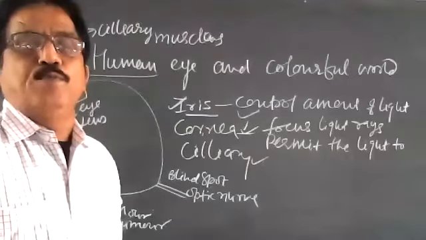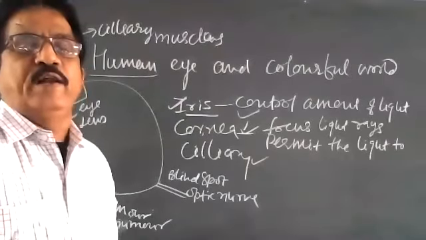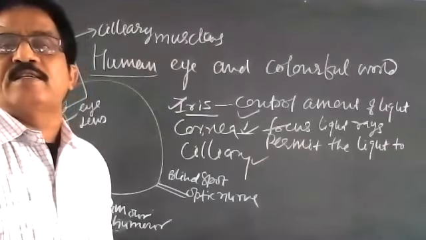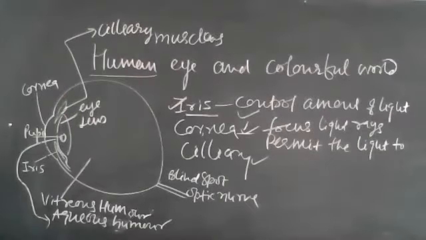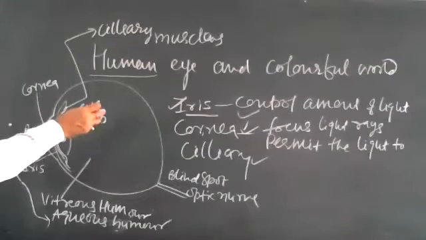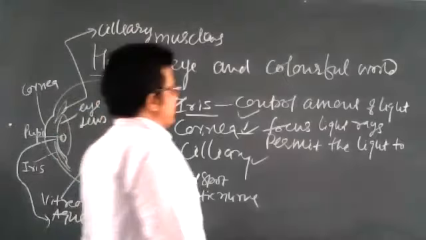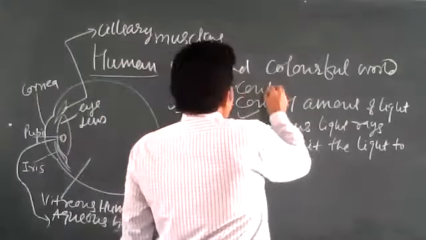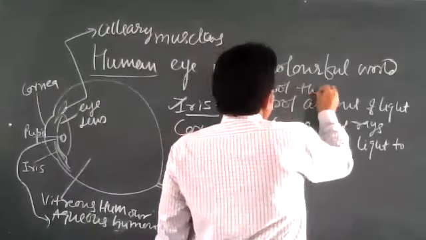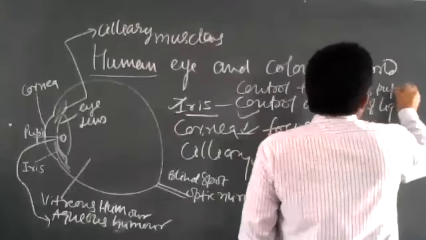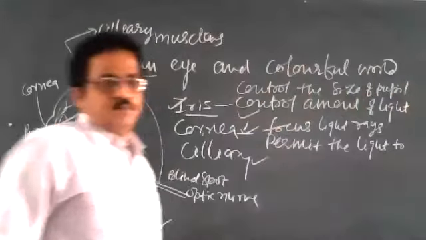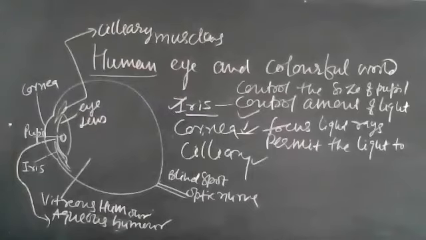Dear children, please mute your phone, otherwise I will not allow it in my class. Write down what is the role of the iris: control the size of the pupil.